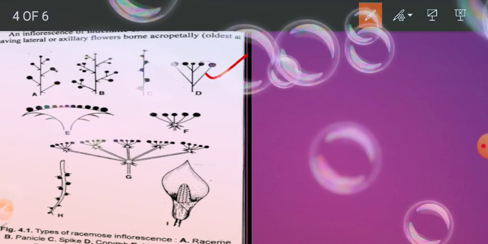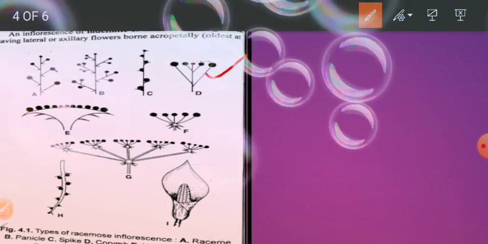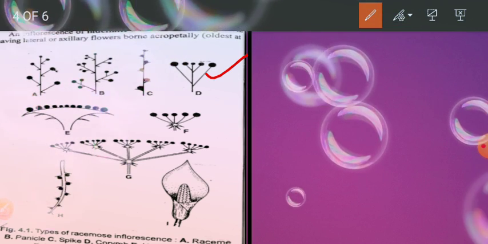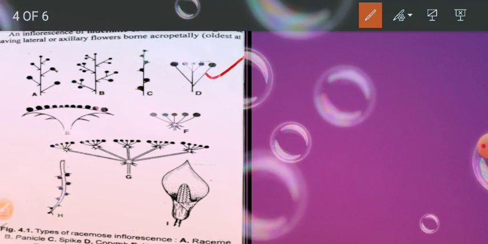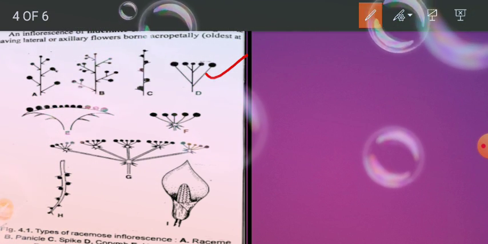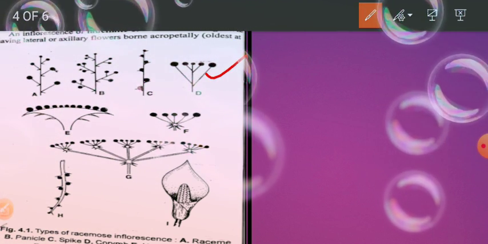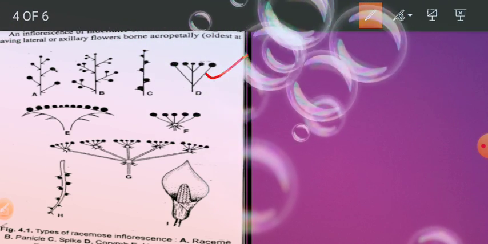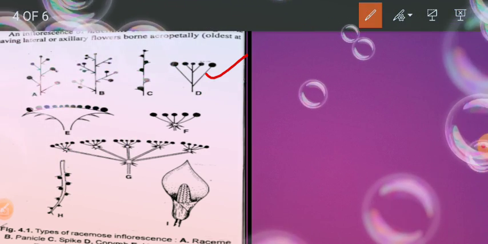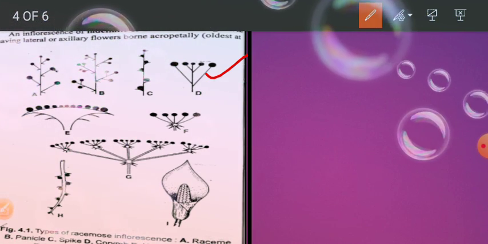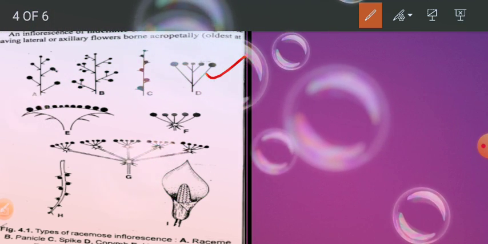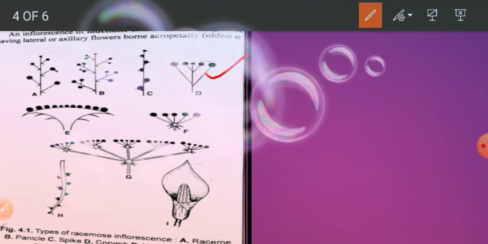Here you can see that they are not equal, but their height is the same in position. That's why this type is known as the corymb type. It is a more or less flat-topped inflorescence, and the outer flowers open first, and then the inner flowers. This type of arrangement of the inflorescence is known as the corymb type. So here is the diagram, and you can see it and correlate what the corymb type is.